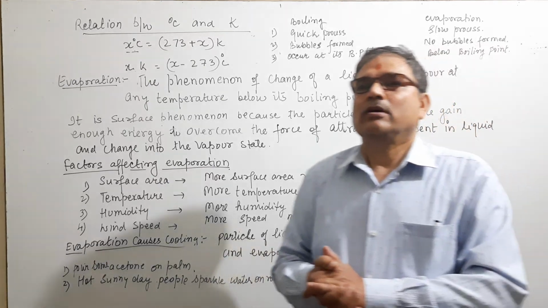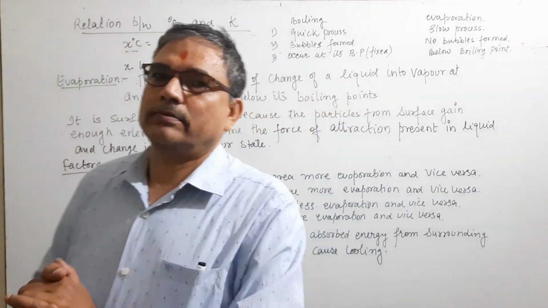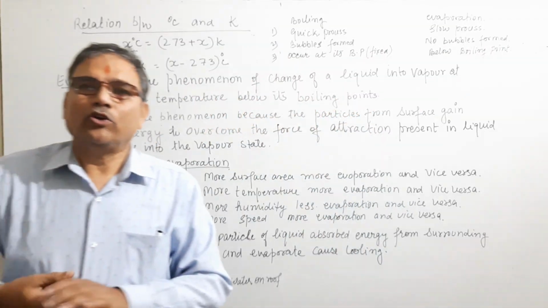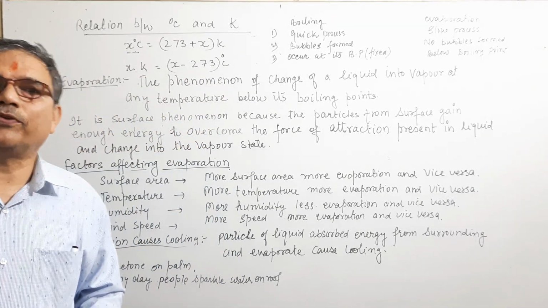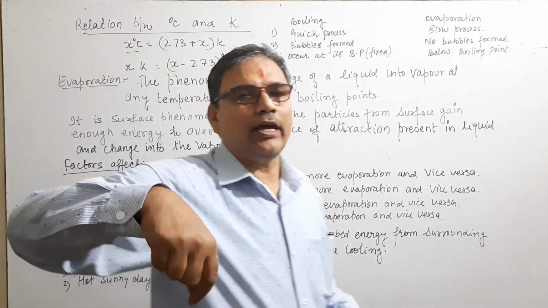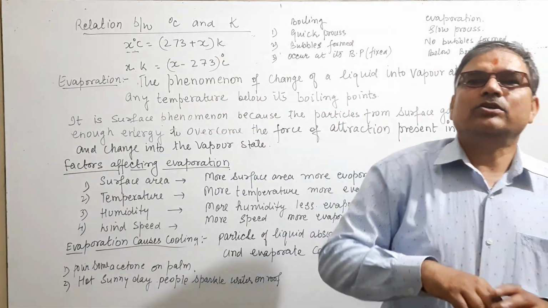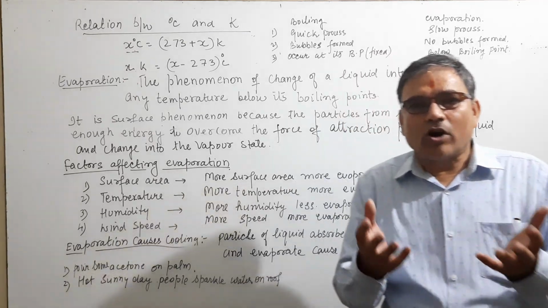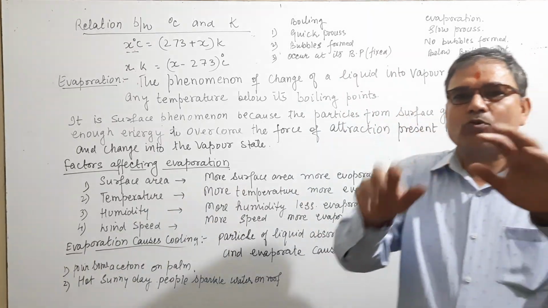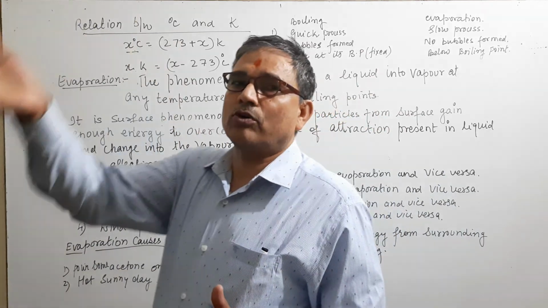And the third point is humidity. What is humidity? Humidity is the presence of water molecules in the atmosphere. The more water molecules present in the atmosphere, the more the humidity.